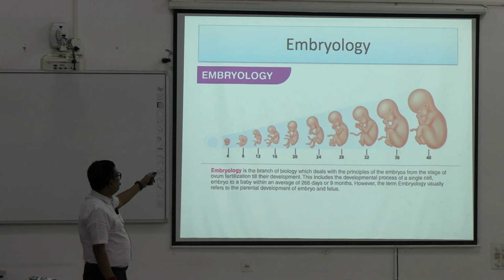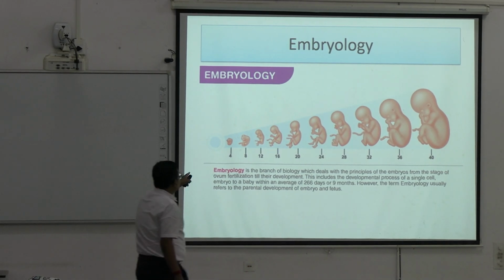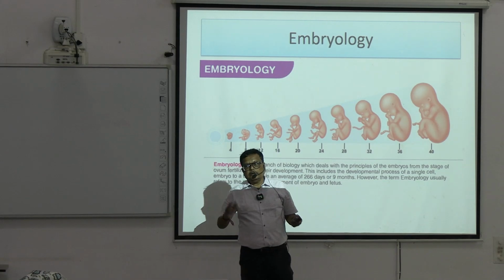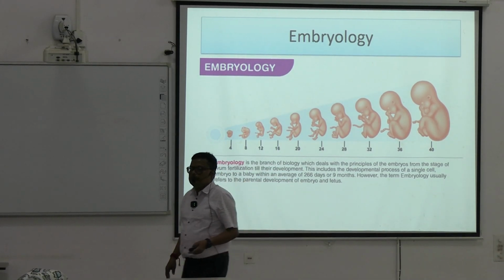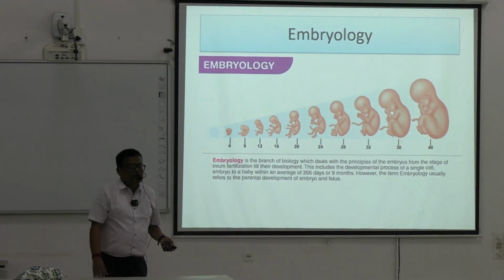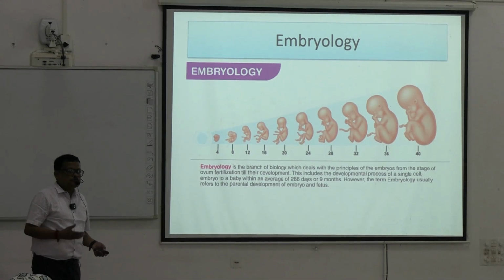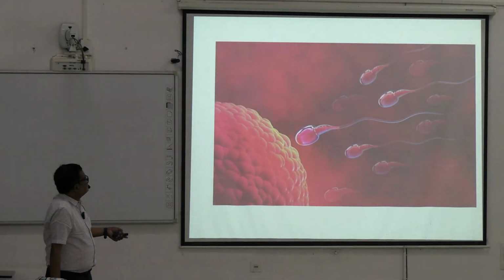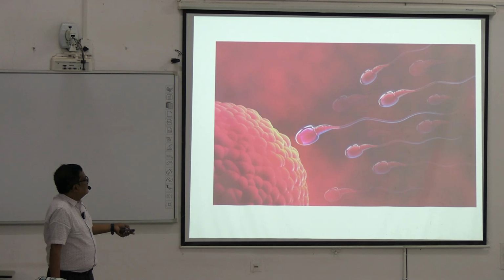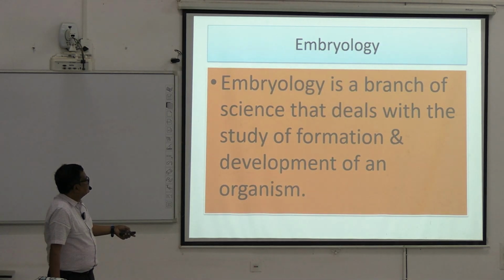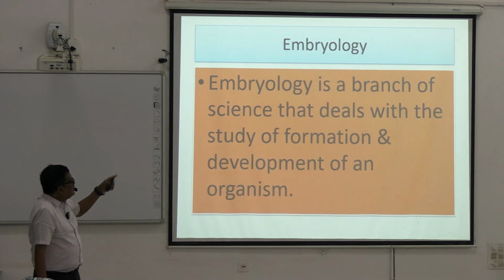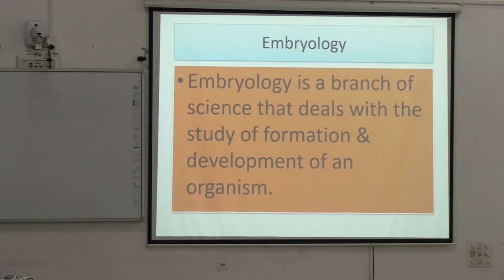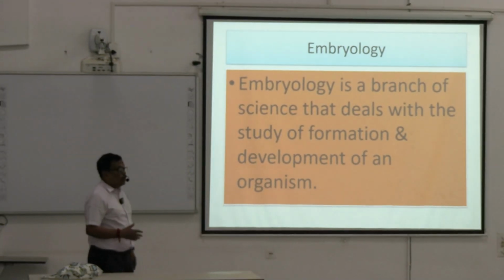It starts from fertilization, then the different stages of development. Ultimately, it forms the mature fetus and the baby is born. Not only that, after birth also, some development goes on. So ultimately embryology is a branch of science that deals with the study of formation and development of an organism.